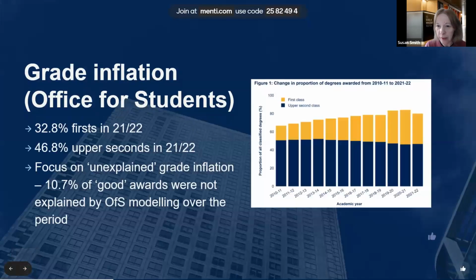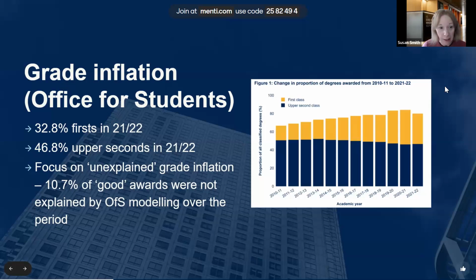So moving forwards, I've used the chart from the Office for Students annual report, which shows the change in proportion of degrees awarded between 2010-11 and 21-22. What you can see on this chart is that firsts have gone from 15.5%, the yellow blob on the very far left, all the way up to 32.8% in 21-22.